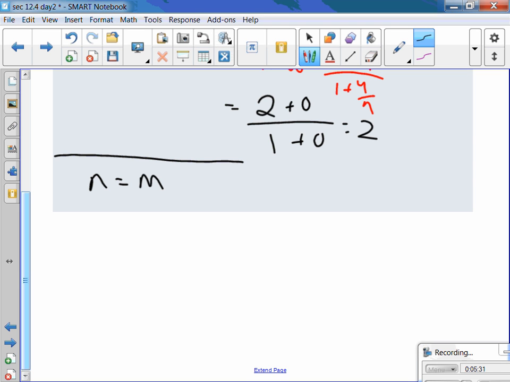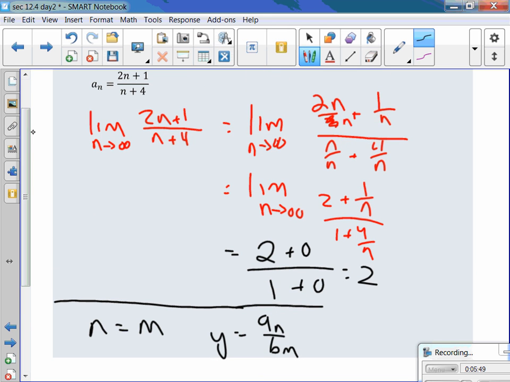Leading coefficient of the numerator over leading coefficient of the denominator. Somebody has this down pat. Absolutely, our horizontal asymptote would just be, as Chris said, the ratio of our leading coefficients. And in this case, that would be 2 over 1, or just 2.